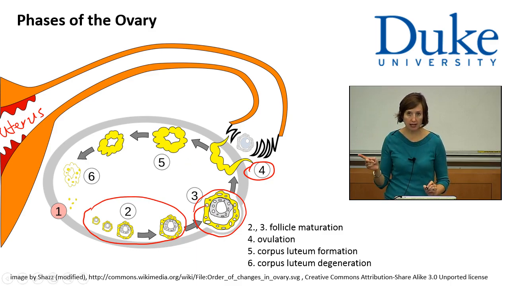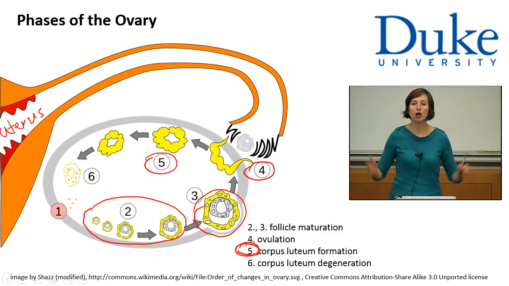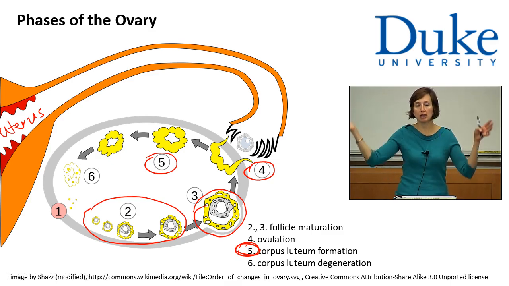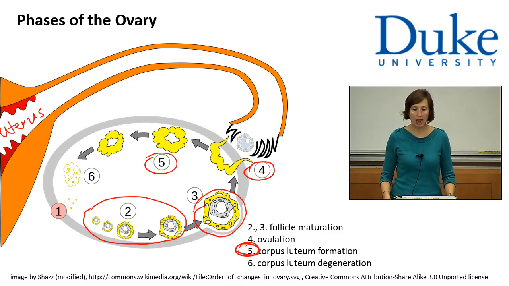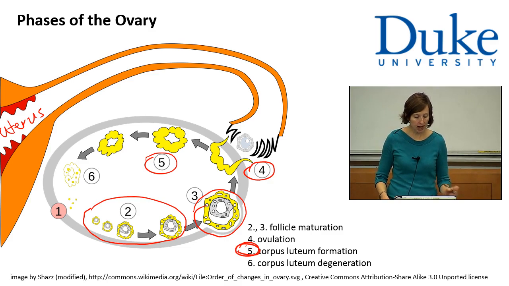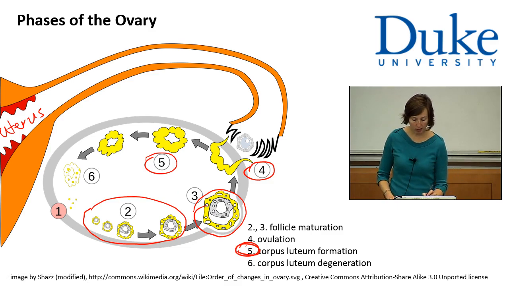The second effect of LH is corpus luteum formation, which is what's shown in step 5, where now those granulosa cells and theca cells that remain are going to continue to do their job, respond to LH, and now not only produce estrogen, but also progesterone. That will remain until about 2 weeks later, if there's no pregnancy, when this corpus luteum will degenerate.